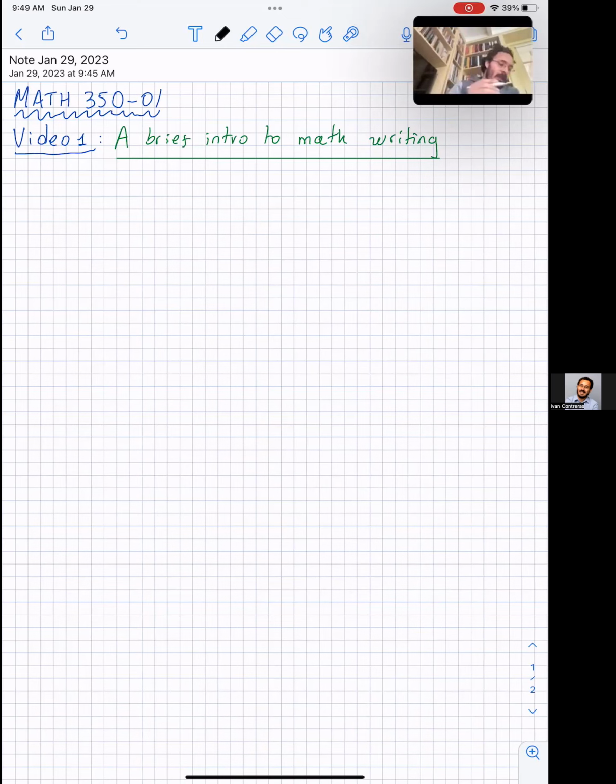So this is just going to be a very quick reminder of an example of a proof by mathematical induction, just to give you a sense of the expectations on how to write proofs.